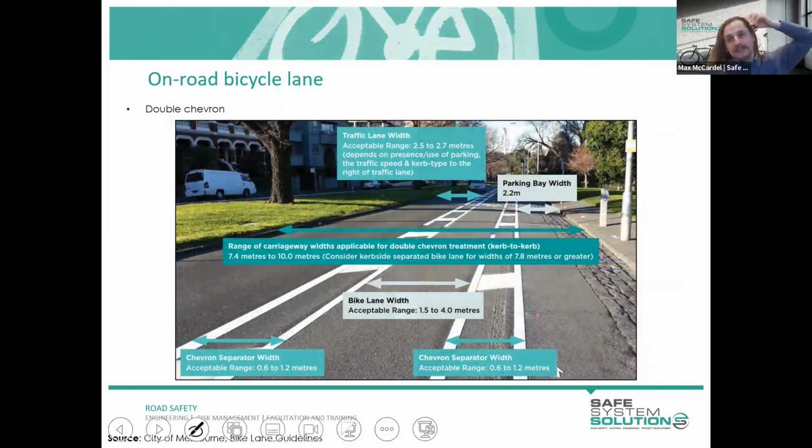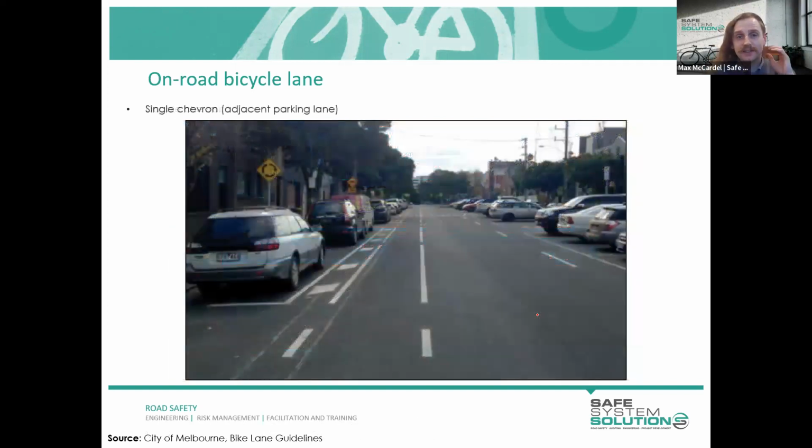Those are some details if you want to take down any notes of what type of dimensions would be acceptable to use within these scenarios. We could look at installing a single chevron, one that is only installed adjacent to the parking lane.